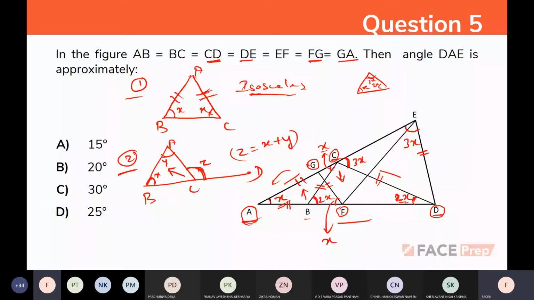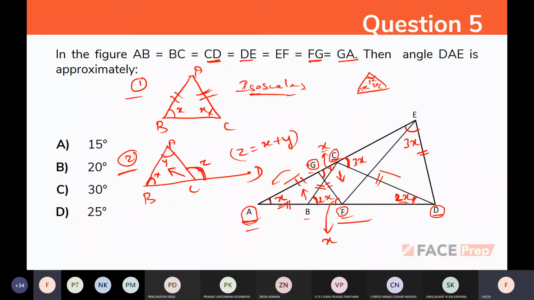Now we can find this angle. This is exterior for GAF, angle GAF. Once I mark all the angles, it will look clumsy, so you need to follow my marks.